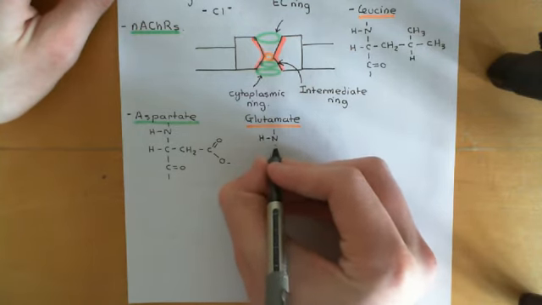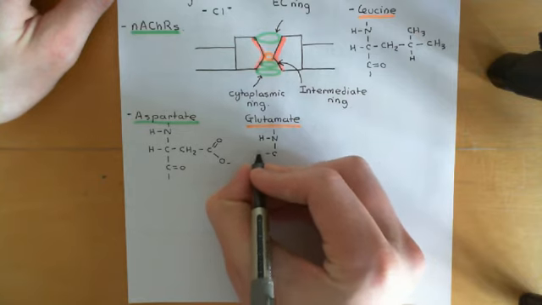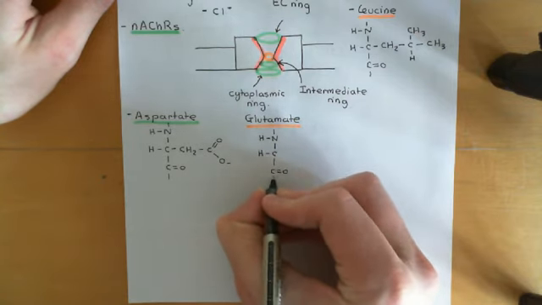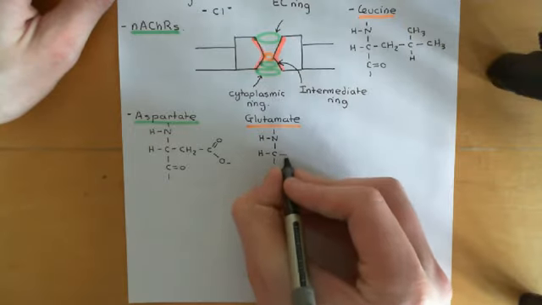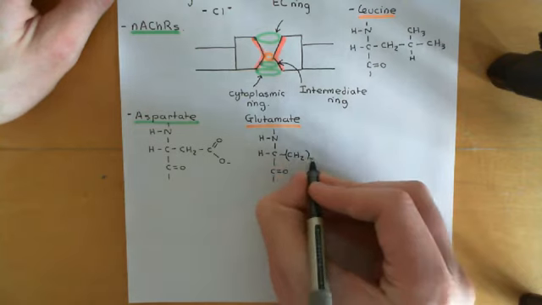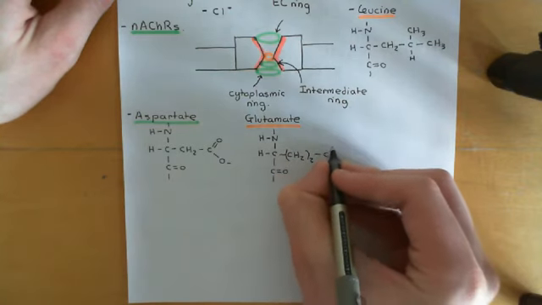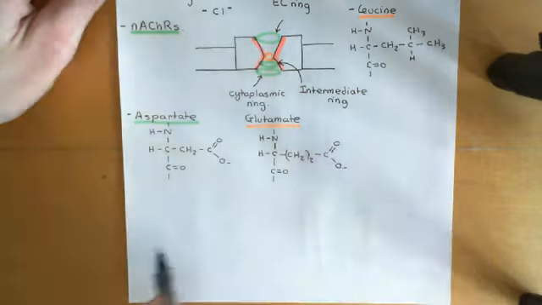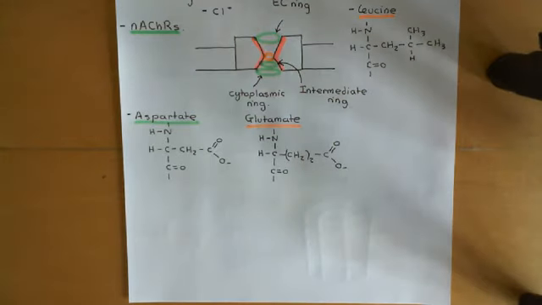Here's the amino group, here's the alpha carbon with a hydrogen coming off it. Here's the carboxylic acid group attached to the amino group of the next amino acid along, and the R group of glutamate consists of two methylene groups, like so, then with a carboxylic acid group off here, and again, that carboxylic acid group will usually have donated its proton away into free solution, and therefore will have a negative charge on it.